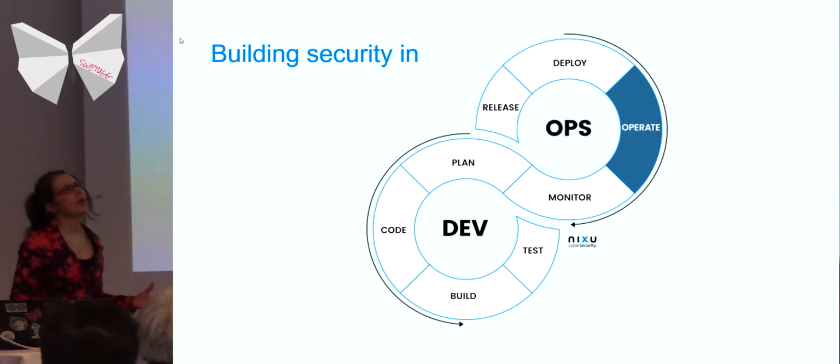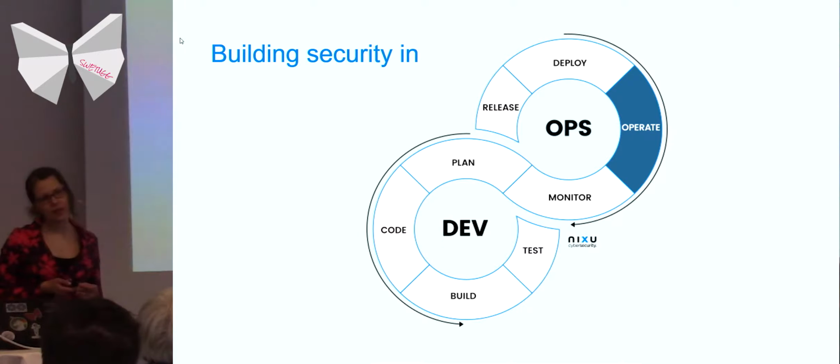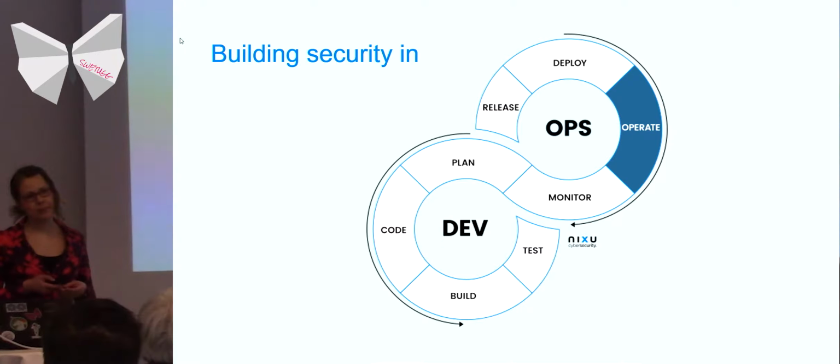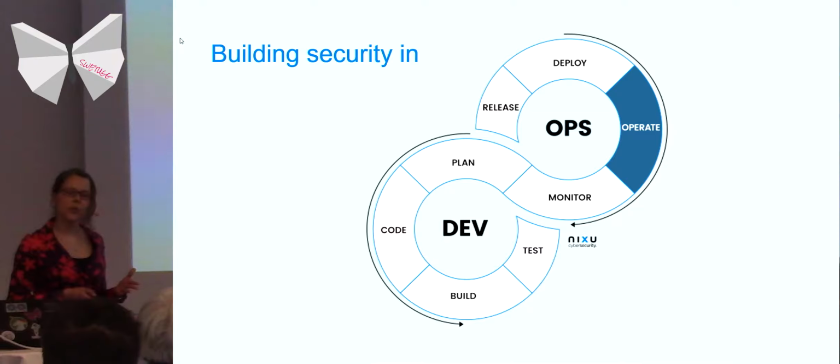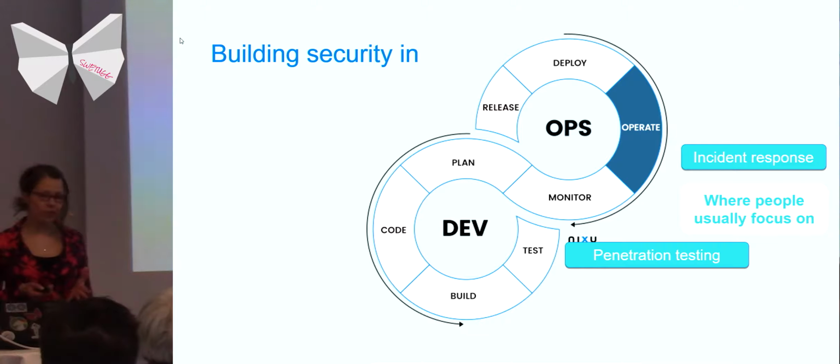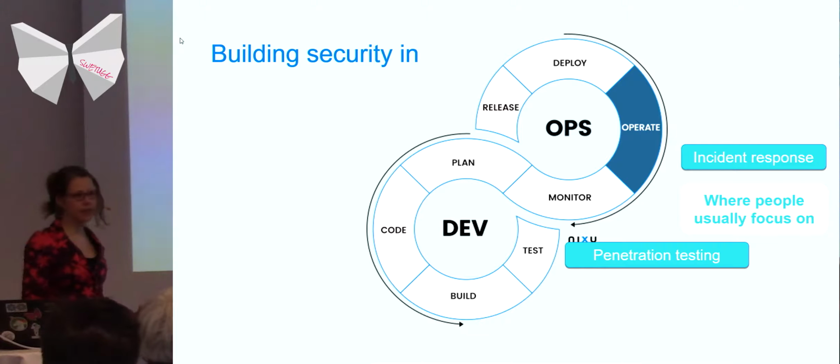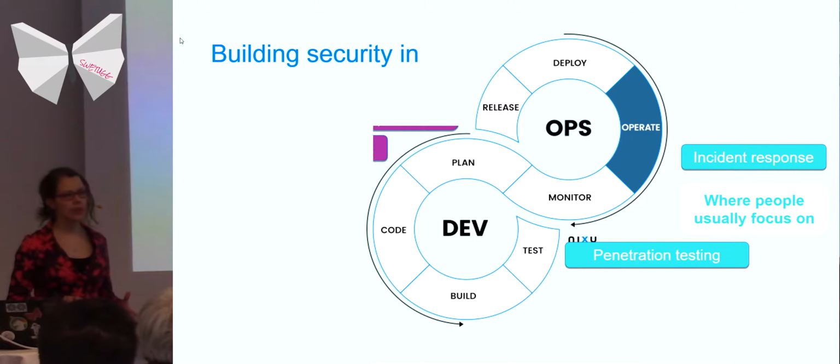And as security consultants, we talk about building security in. But what does that mean in practice? If I would ask someone about software security, they would probably mention patching, and then pen testing, and incident response. So testing things when they are pretty ready, and fixing things afterwards. But you could start earlier.